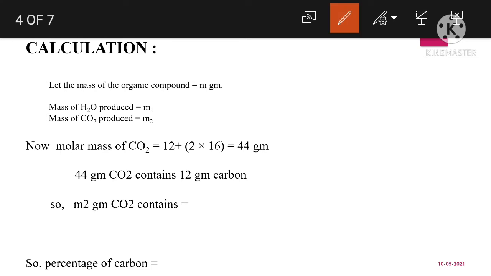Let the mass of the organic compound be m gram. Now we have calculated the mass of water, let's say it is m1, and the mass of carbon dioxide produced is m2. So how can we get this m1 and m2? Previously we weighed the calcium chloride, and it absorbed the water, so its mass increases.